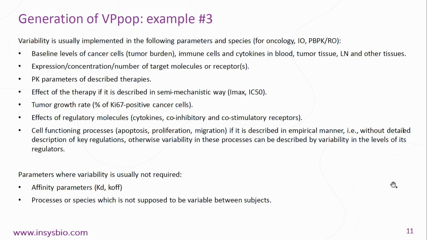First of all, this is the baseline levels of the cells and cytokines, including tumor cells in different compartments. Also, it is expression, concentration, number of target molecules or receptors. Of course, we implement variability in the key parameters of the described therapies. Another one is the effect of the therapy if it is described in a mechanistic way, like parameters like Imax, IC50, Emax, EC50.